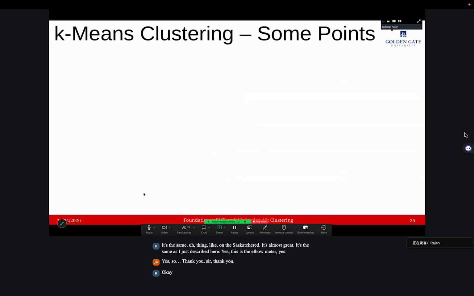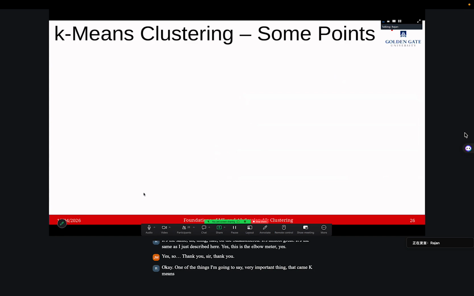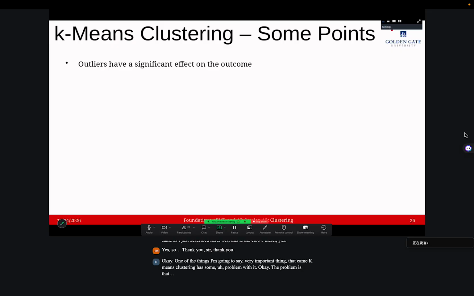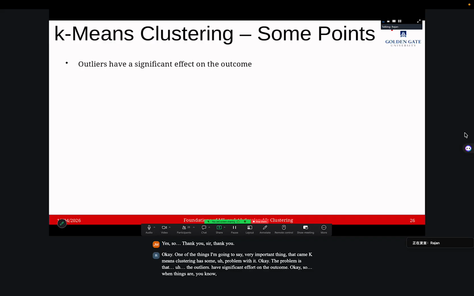Okay. One of the things I'm going to say, very important thing, is that K-means clustering has some problem with it. The problem is that the outliers have significant effect on the outcome. So when things are equally distant from 2 points, 2 clusters, how things go depends upon what we use, whether to drop them or whether to include them by a toss of a coin or some kind of randomization.